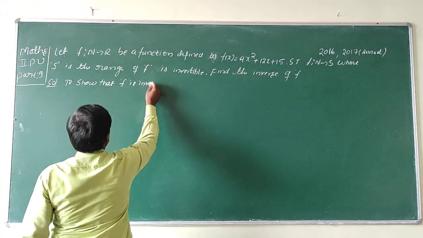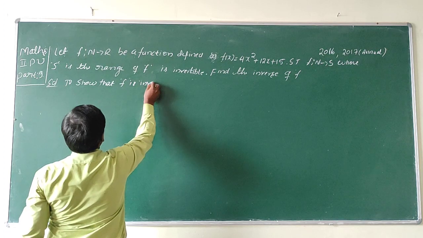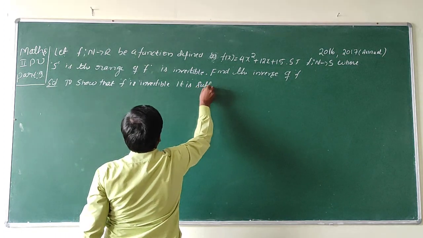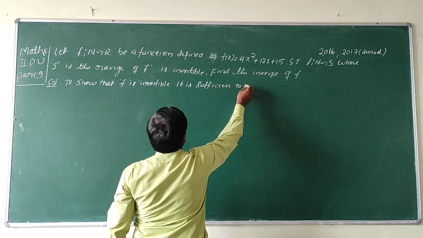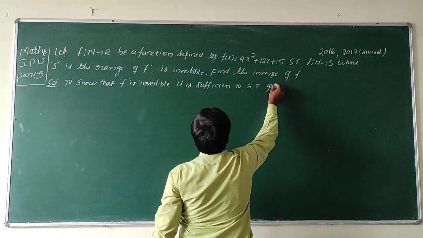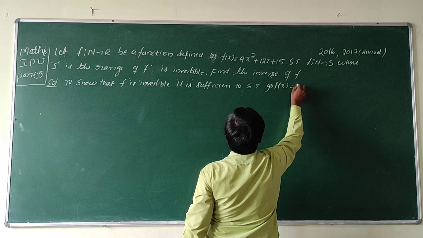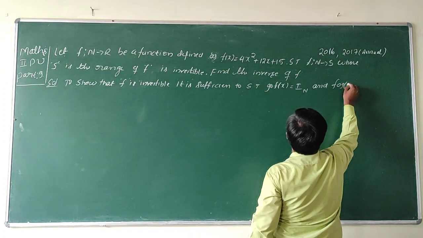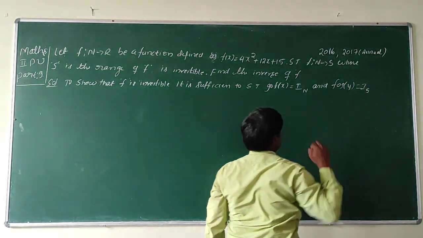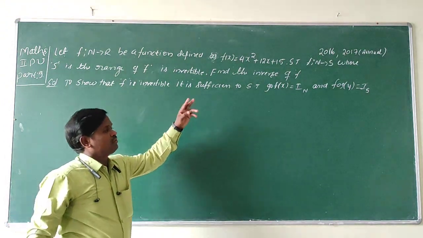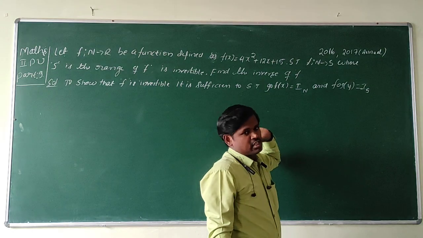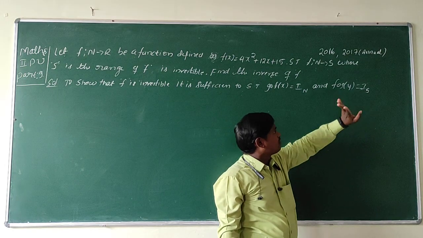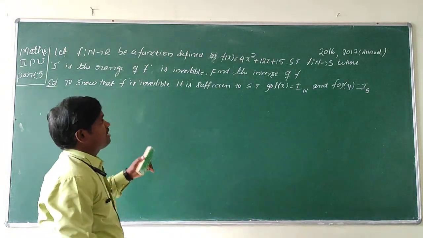To show that f is invertible, it is sufficient to show that g circle f of x is equal to the identity function of N, and f circle g of y is equal to the identity function of S, where S is the range of the function.